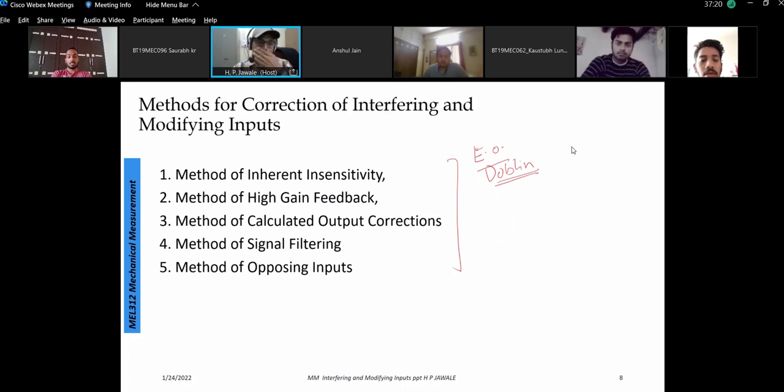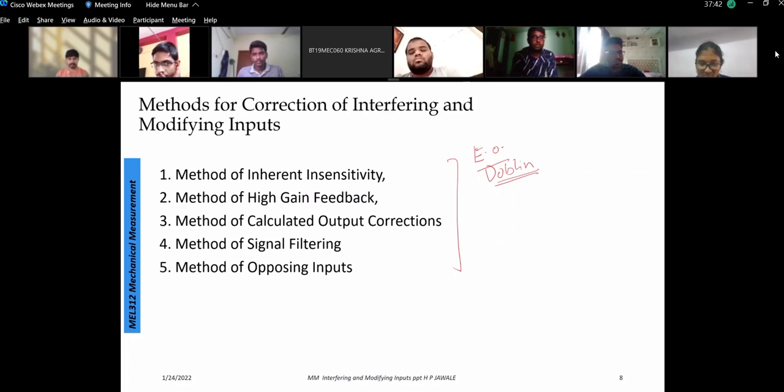Most of the time, in the examples we have seen, there are some physical elements in the measurement instrument or measurement system which are sensitive to temperature. So in most of the examples discussed in the textbooks, temperature acts as a modifying input as well as an interfering input, both.